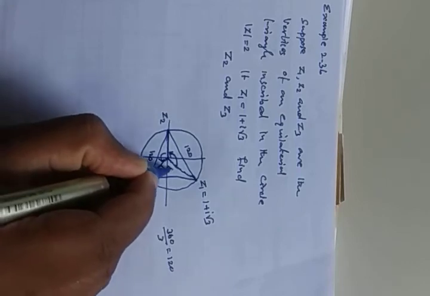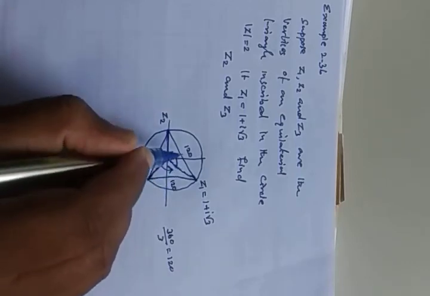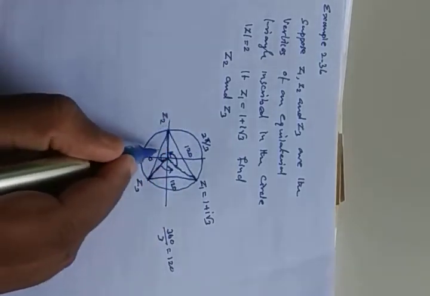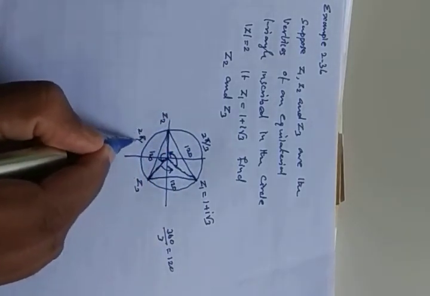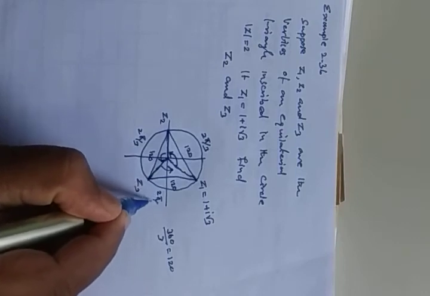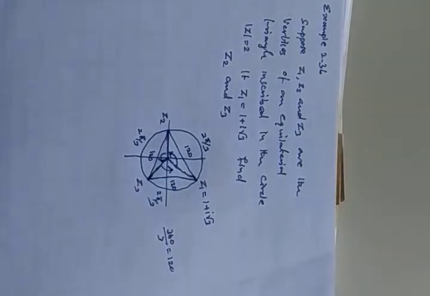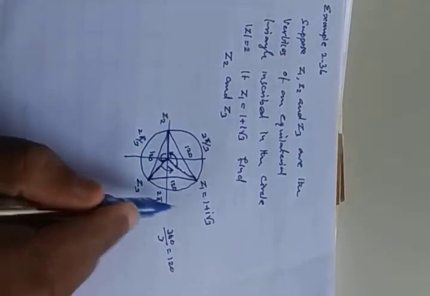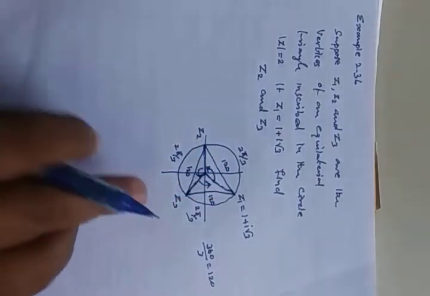From this to that, it will come 120 degree. Actually 120 degree in radian form is 2 pi by 3. Here one 2 pi by 3, here one 2 pi by 3, here is also 2 pi by 3. Add it, you will get what? 6 pi by 3 is 2 pi. This is the thing. Now we need to find Z1, Z2, Z3.